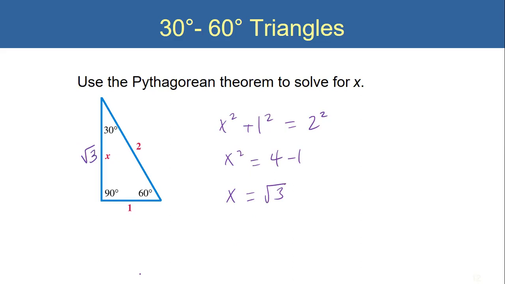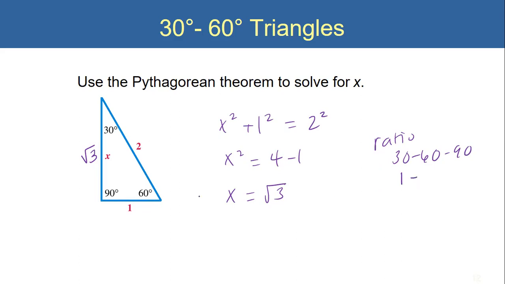These numbers apply to all 30, 60, 90 triangles, because all 30, 60, 90 triangles are just manipulations of this. Whether it's an increase or decrease in scale, it's always going to be the same ratio: 1, square root of 3, 2. Across from 30 is always a ratio of 1.